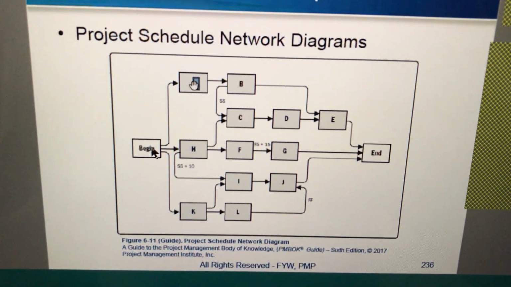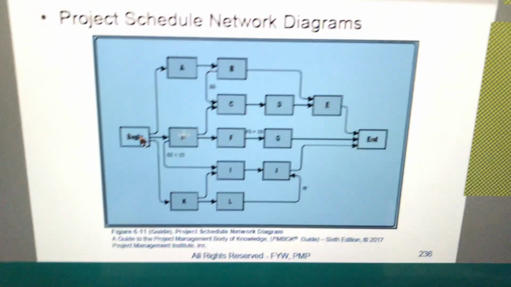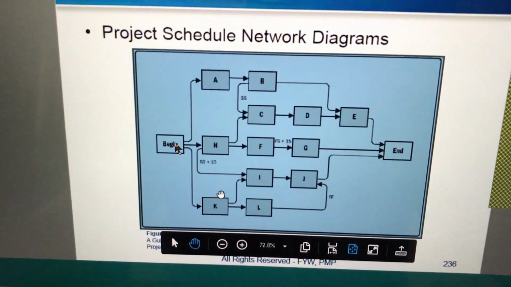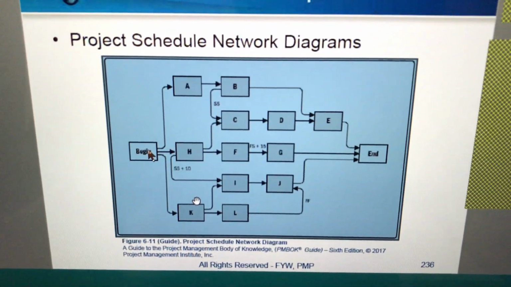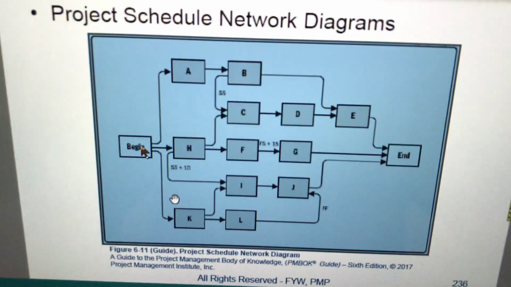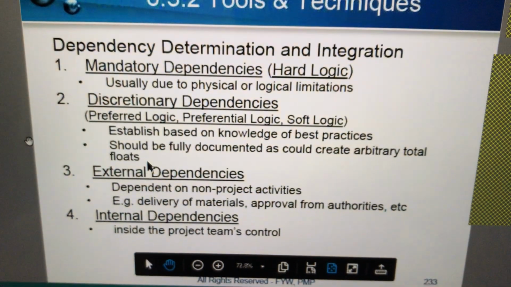Now if you look at A and H and K, they can all start simultaneously. That means there is a discretionary dependency between A and H and K, or H and K. That is where the mandatory and discretionary dependency will come.